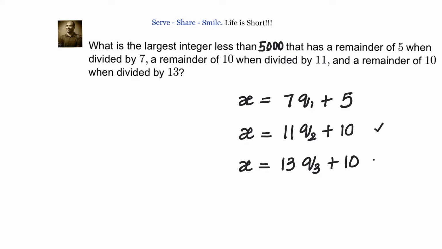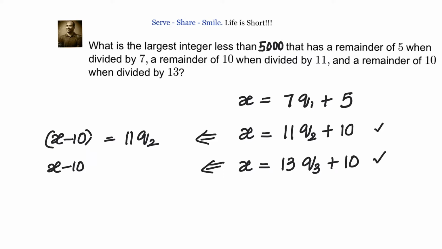Now take these two and observe what's happening here. From these two conditions, x minus 10 equals 11 times q2, and x minus 10 equals 13 times q3. So x minus 10 is a multiple of 11 and also a multiple of 13.